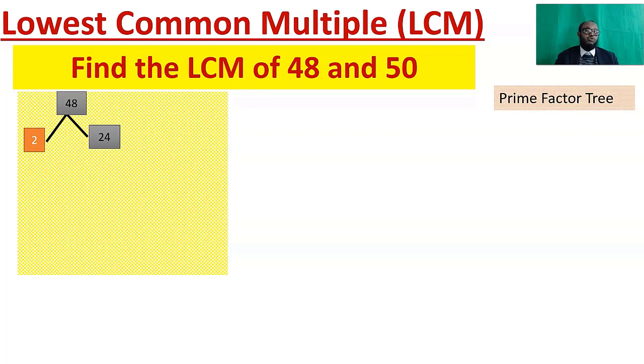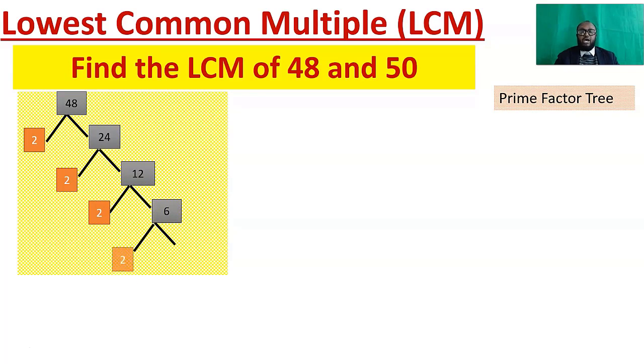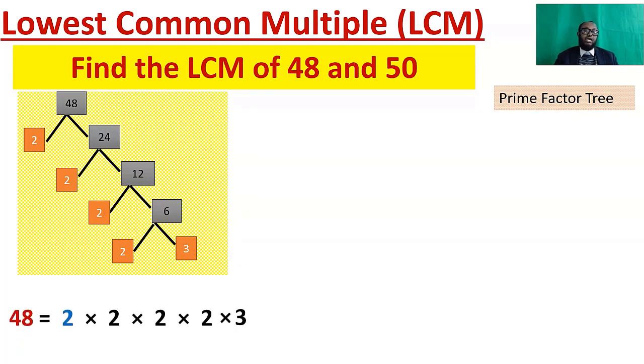Yes, because 24 is an even number, and an even number has got a factor of 2. So we divide this by 2, and then we got 12. Again, we divide by 2, and then we got 6. Again, we divide by 2, and we end up with 3, which is a prime factor. So we got all prime factors of 48. We're going to write down 48 as a multiple of its prime factors.